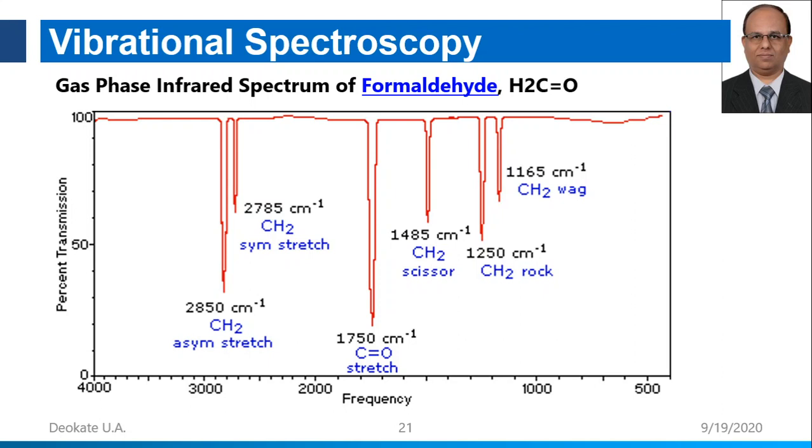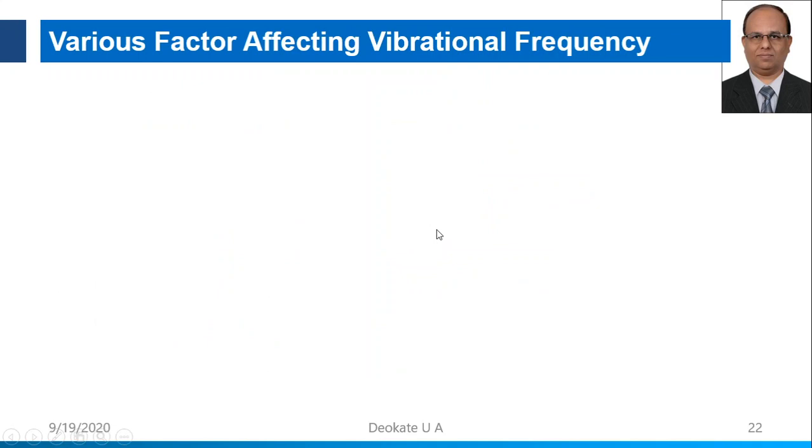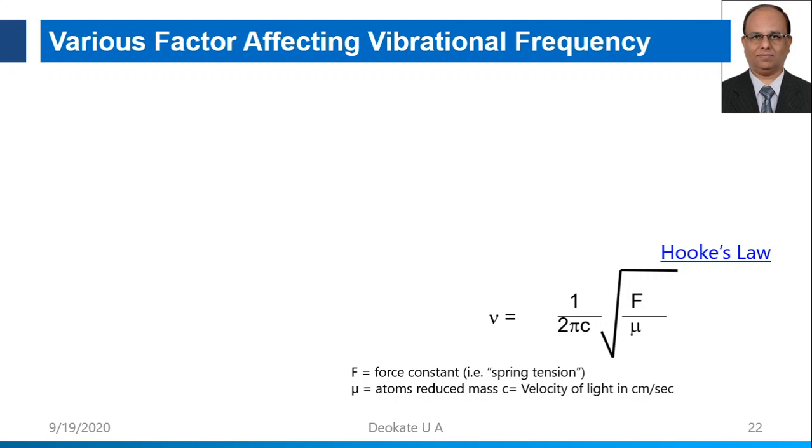Similarly, here also in vibrational spectroscopy, the position of the peak will change or be shifted. So there are various factors affecting vibrational frequencies. We have studied Hooke's law of simple harmonic motion by taking the example of the ball and spring model, that vibrations are directly proportional to the strength of the spring and the mass differences.